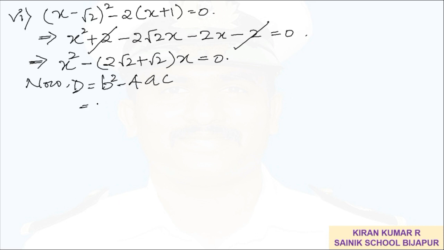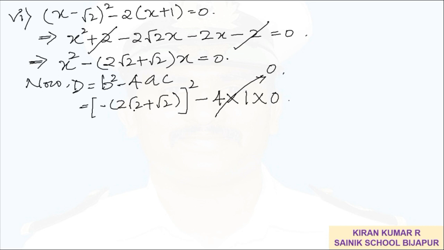Now you apply the discriminant formula. Substitute b square, let me write everything in brackets. This is b square minus 4 into a is 1, c is 0. So this term will become 0. So only thing I need to do is expand this. It's a square of a number. So this negative, when it is squared, it becomes positive. So it is nothing but 2 root 2 plus root 2 whole square.